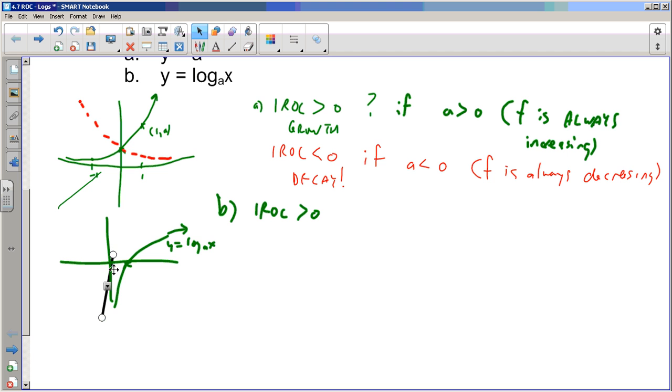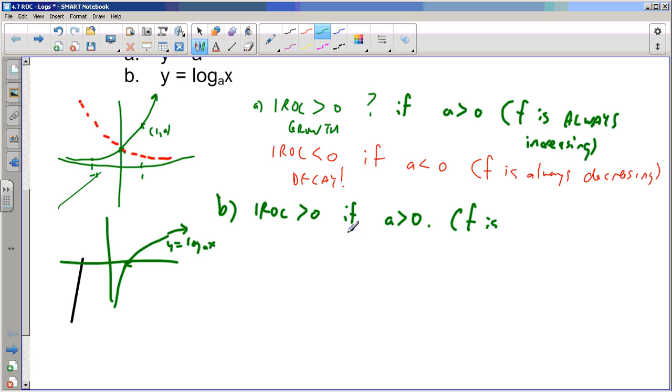It's always going uphill. That's if the base is greater than 1. And again, because the IROC is positive, f is always increasing.